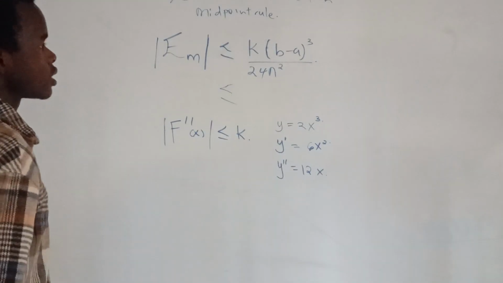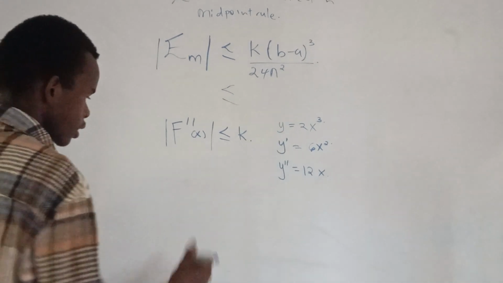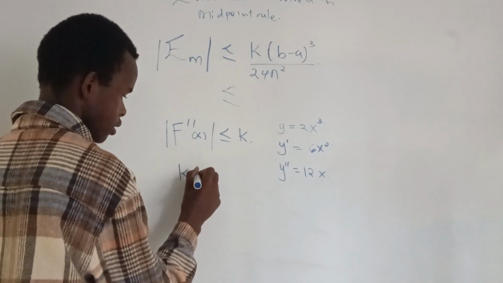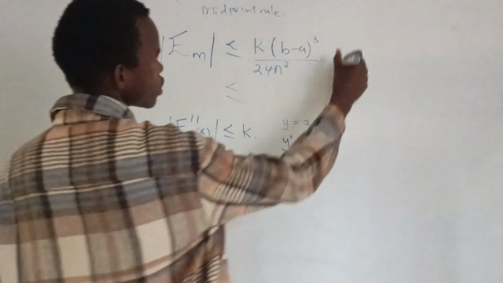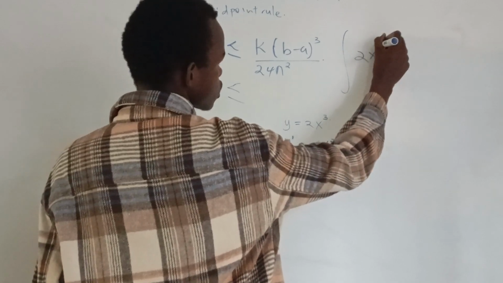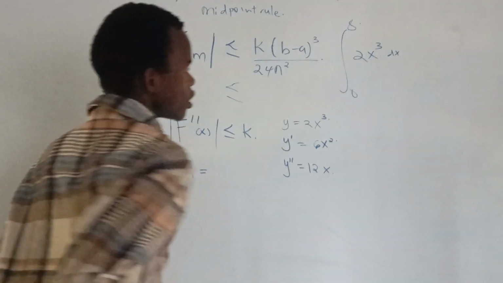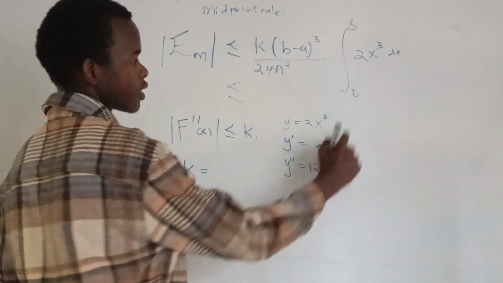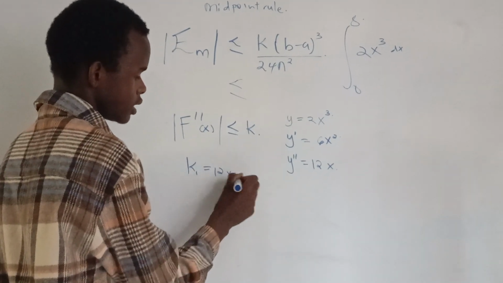So let's compute the values of k. We usually have two values of k. For k1, the bound was 2x cubed dx from 0 to 8, so we substitute the first value of x to be 0, so it will be 12 multiplied by 0.